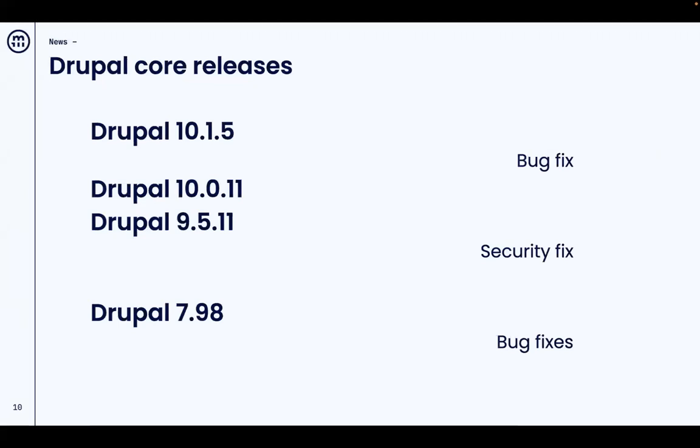Don't think there's anything critical, but do test it out on a non-production copy of your site before you upload it to production, just in case. And otherwise, the last updates for Drupal 10.0 and 9 were security updates from 2 weeks ago at this point. And Drupal 7 is still holding strong with its 7.98 release.